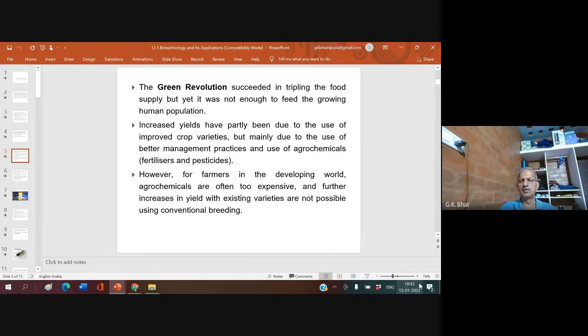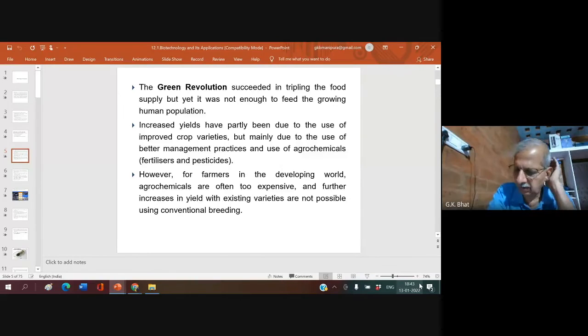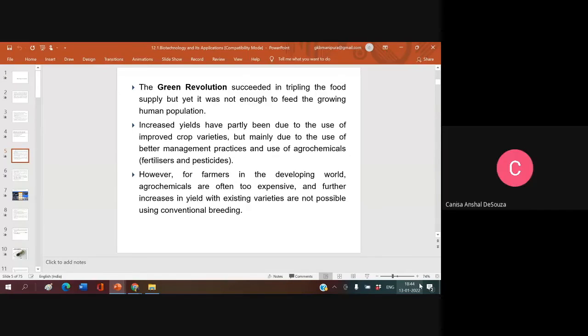What are the main parameters in green revolution? Anyone else? Kanisa? Namrata? Come on, who will tell? Kanisa, tell me. Do you know? Don't know, sir.